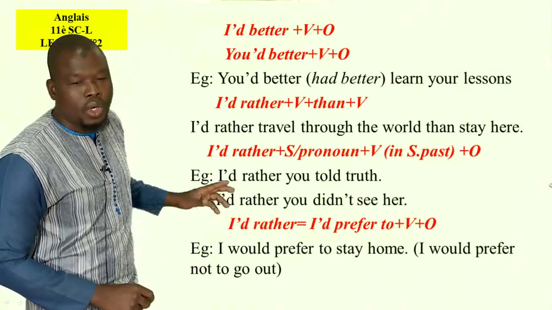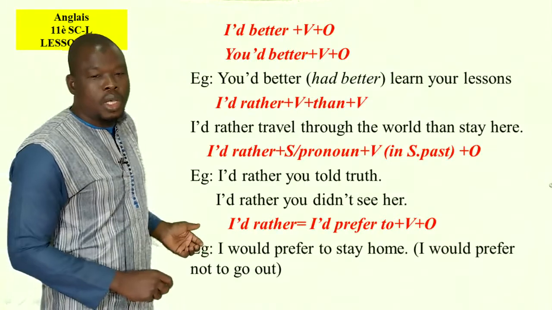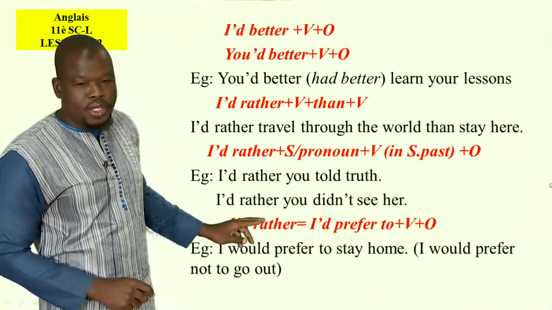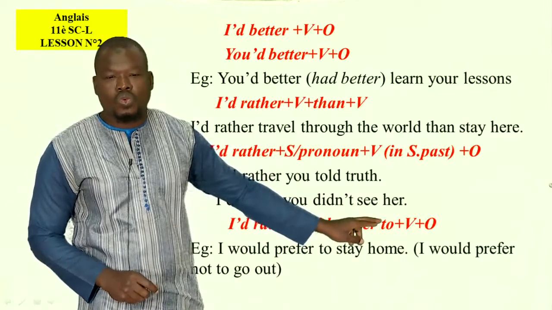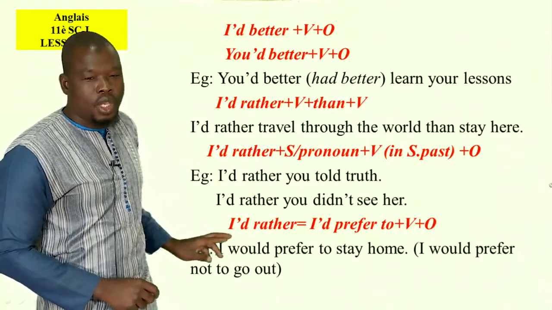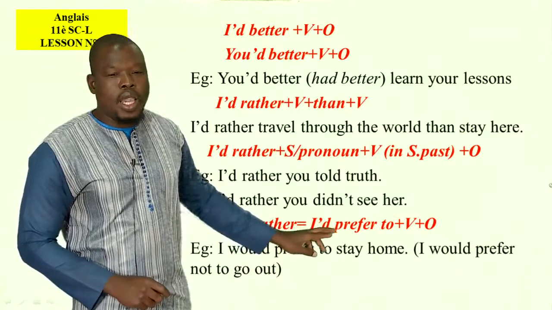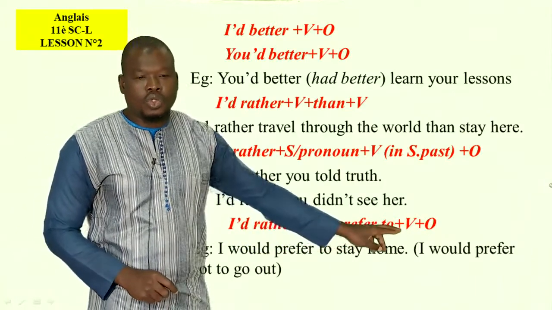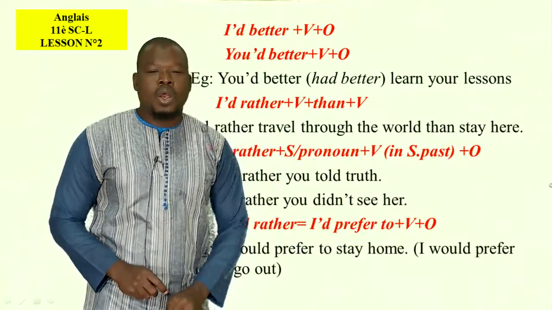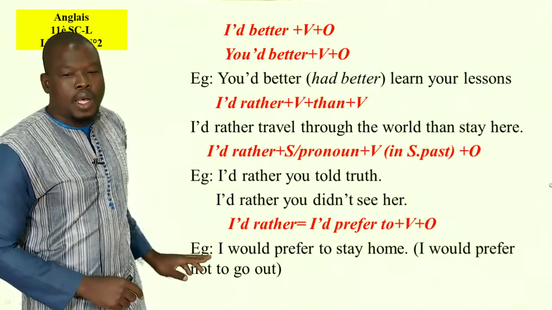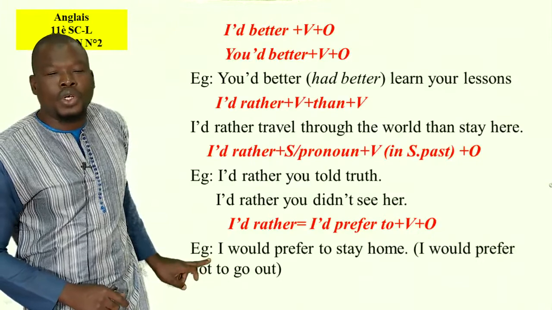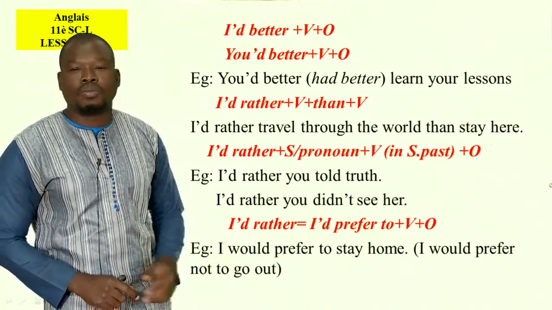Another expression if you want. I'd rather means or is equal to I'd prefer to: I prefer to plus a verb plus an object. An example: I would prefer to stay home.